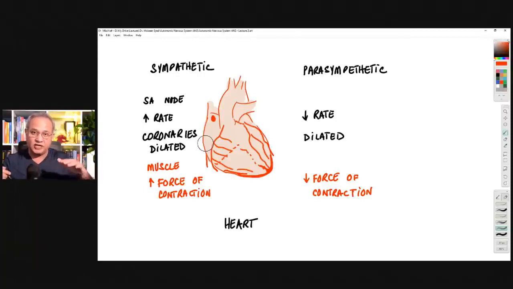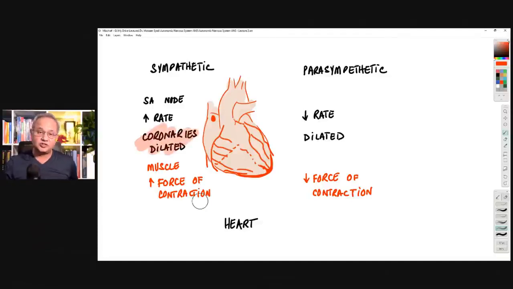Epinephrine, norepinephrine can double our heart rate within 3-4 seconds. Like for the cars, we say 0 to 60 in 5 seconds. Our heart can go from 70 to 150 in 2 to 3 seconds under the influence of the sympathetic system. And who does that? The SA node, sinoatrial node. So the sinoatrial node rate would increase, the pulses that are generated would increase.